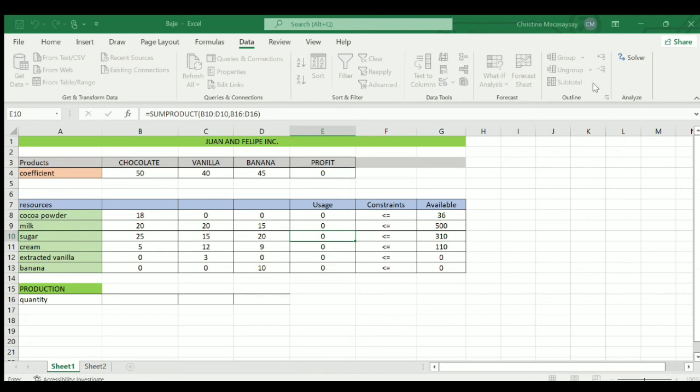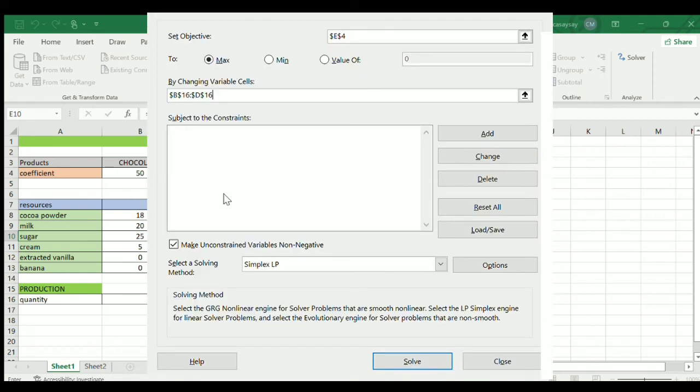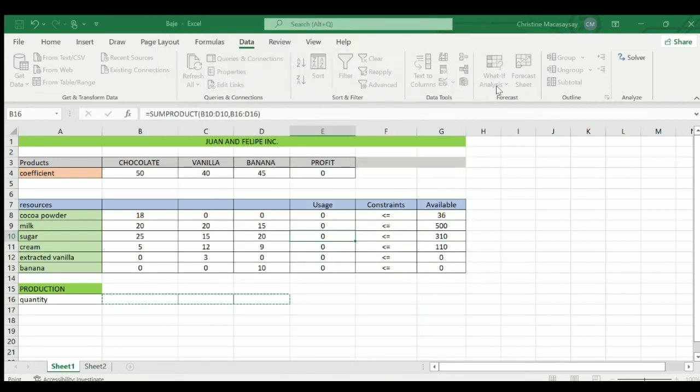Okay, now we need to set the objectives. The objective here is to find the profit. So we need to highlight the profit and make sure it is set to max, and by changing the variable cells we need to highlight the quantity because we have 0 quantity, and add the constraints, subject to the constraints.